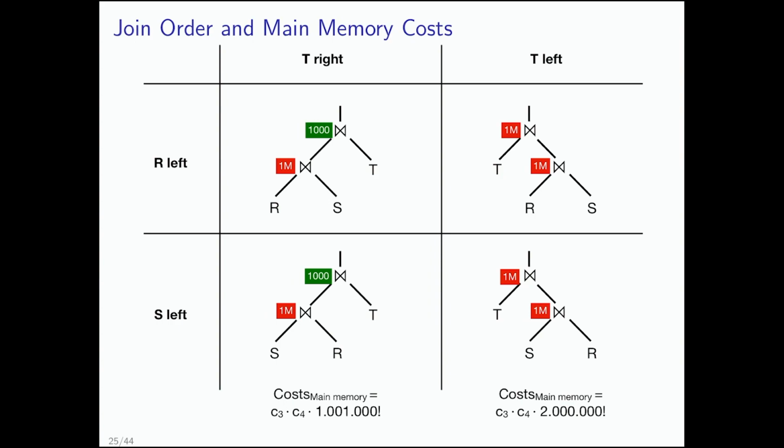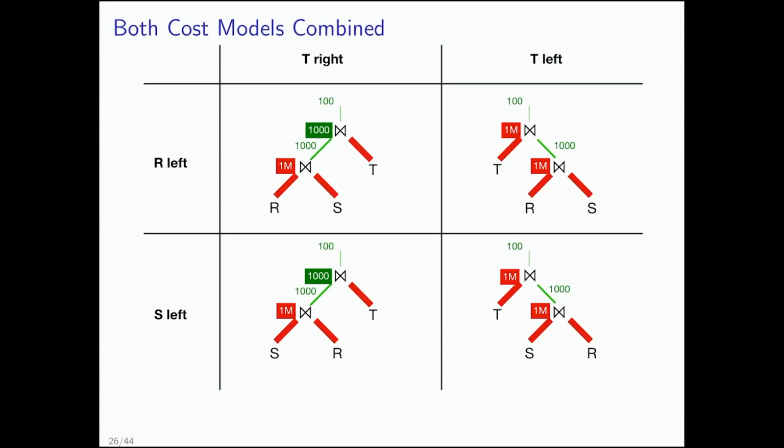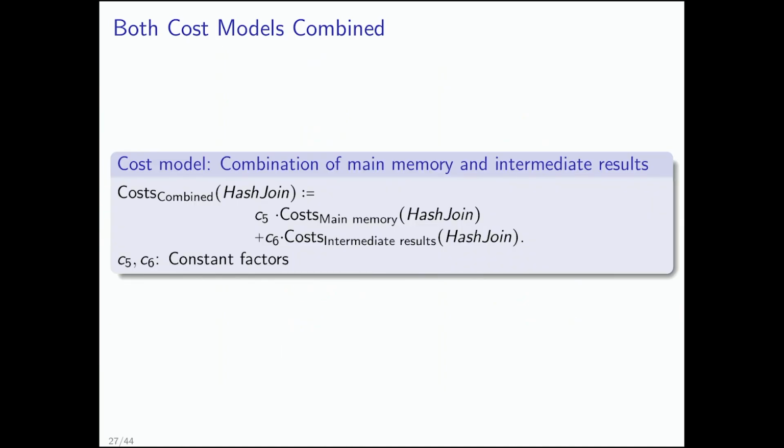And now if you have that, you can combine those cost models. You could say, now I look at both the memory consumption and the number of intermediate results being produced. That's what I'm trying to depict here. So I annotated the edges and again wrote down the main memory consumption. Basically you have a combined cost model, and then you have a weight for each of those individual cost models.